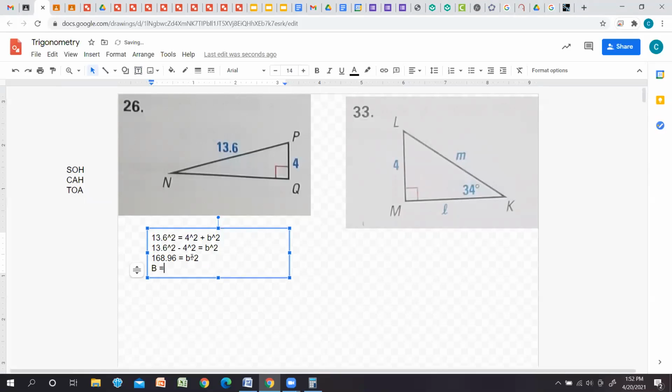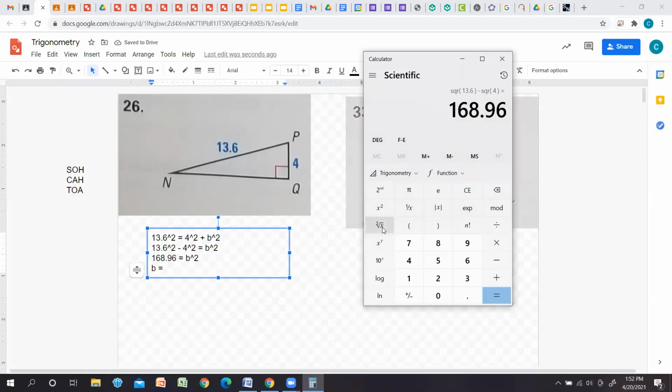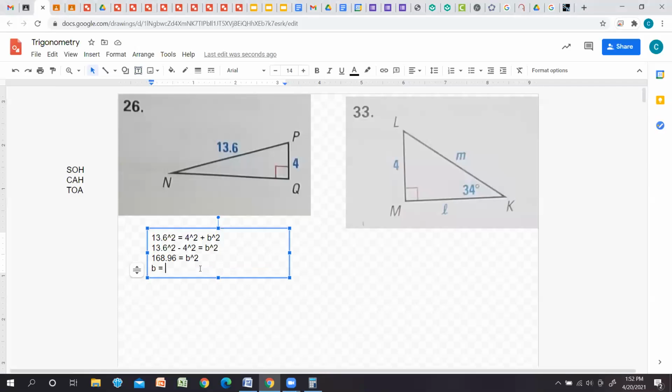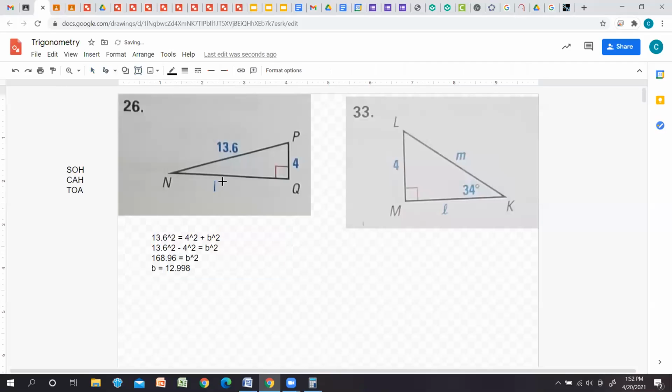So that means B equals the square root of that, which is 12.998. I'm going to round it to 3 decimal places, 12.998, which is about 13. Not quite 13, 12.998.